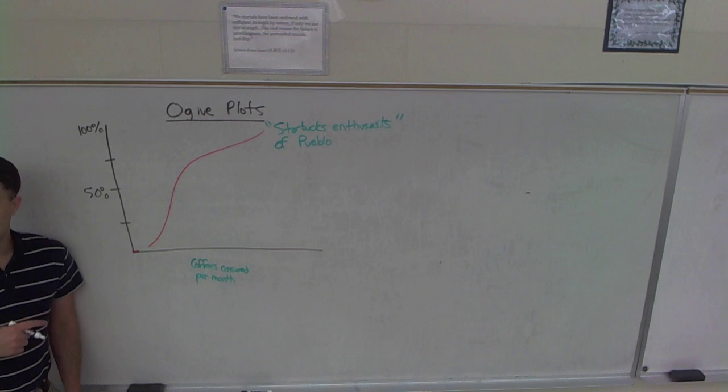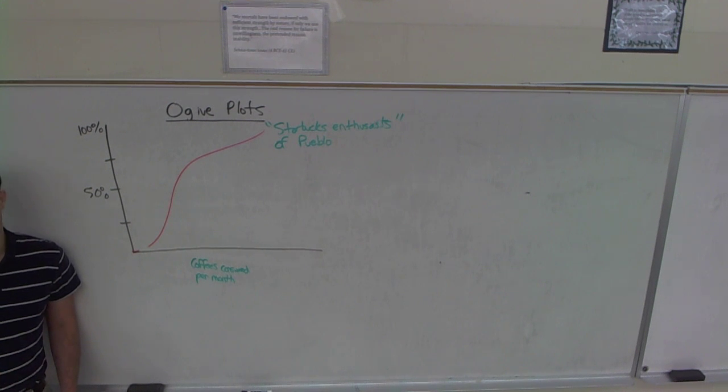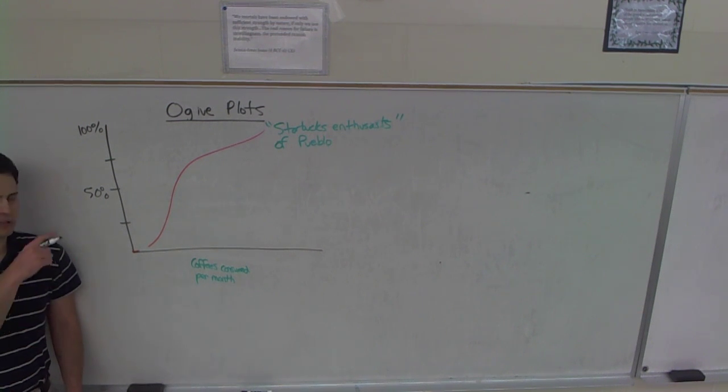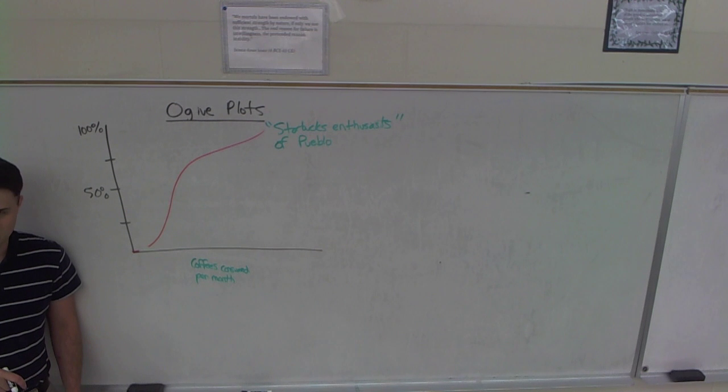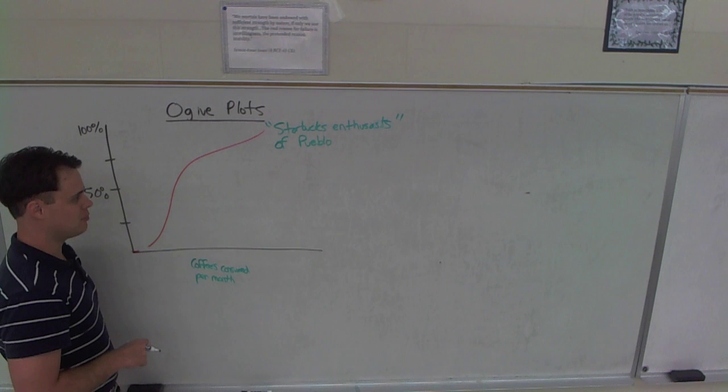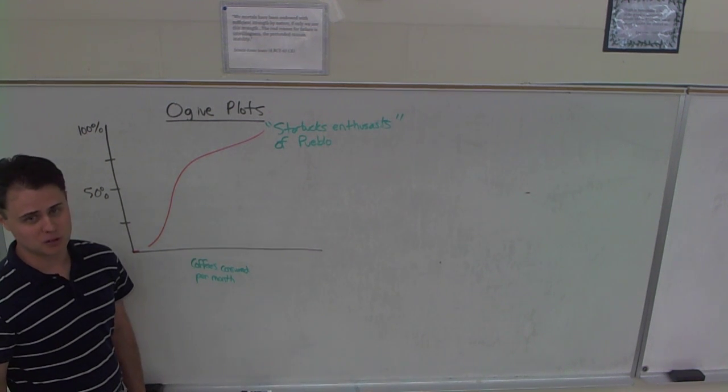So, just look at this so far, and you tell me, for an ogive graph, do you think you should be thinking about averages or medians? Something on there should tell you one of them already. See the percentages? Is that what average is all about, or what median is all about? That's median. So the median number of coffees consumed, you're saying, is somewhere around one a day.